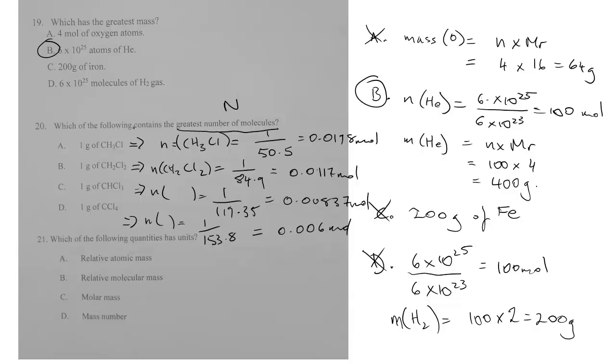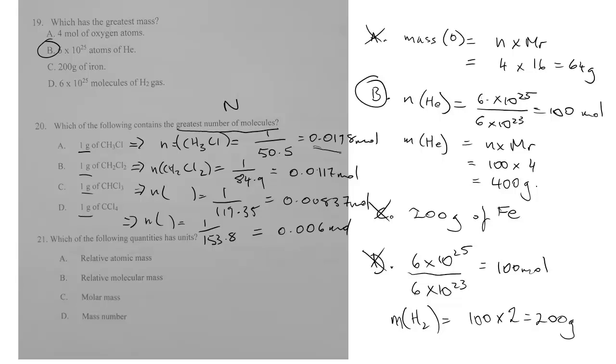So you're essentially looking for the molar mass that's the least, because remember, you're assuming in this case that everything is 1 gram, which it is, and you're dividing it by the molar mass.